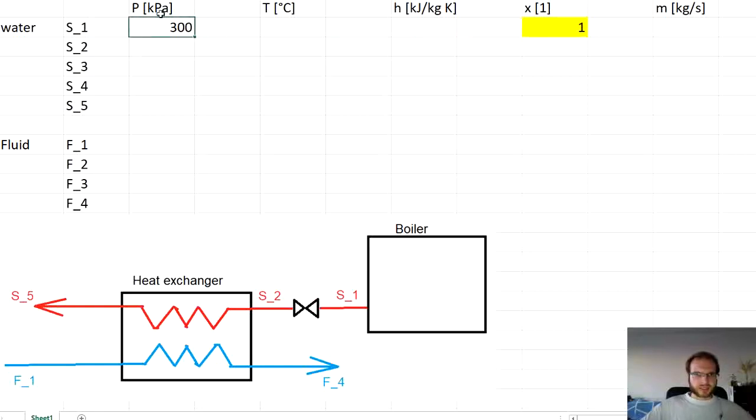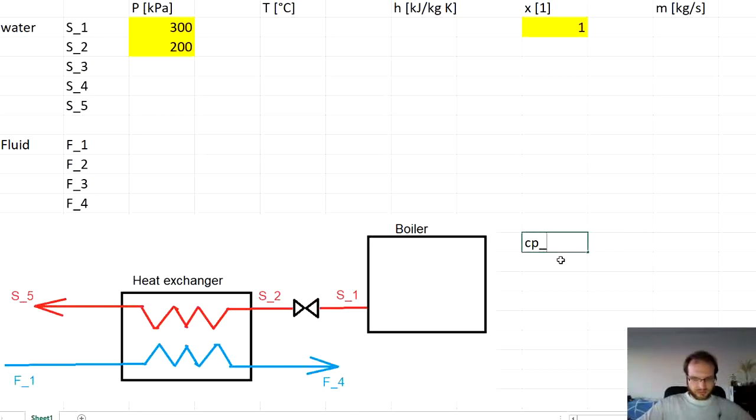And let's highlight the parameters that are given. Then we know that the steam is throttled to 2 bar at the point S2. That's 200 kilopascals. Now let's write the other parameters that we know. The fluid has a Cp of 4 kilojoules per kilogram Kelvin.